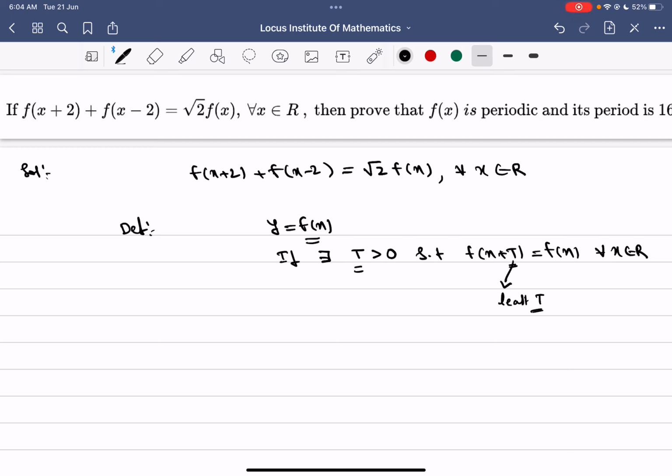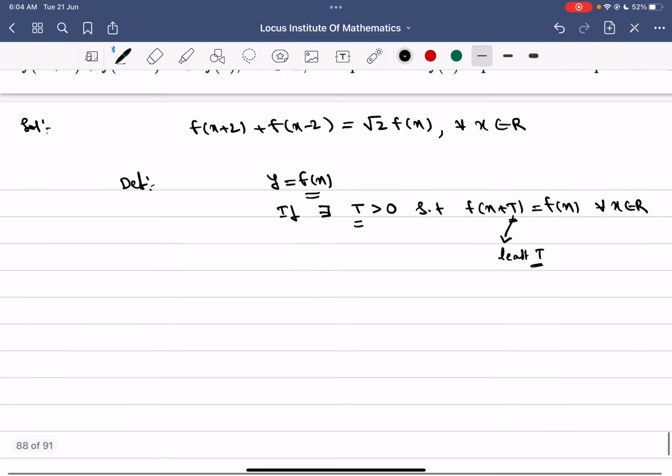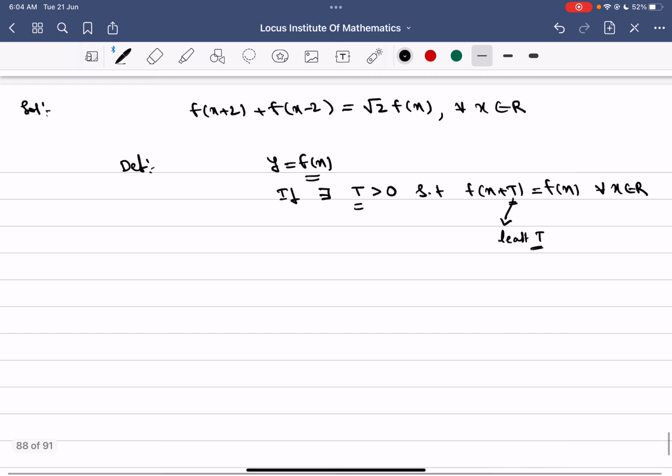Now to find the period of the function f of x, let the given relation be 1. Now what you do is replace x by x plus 4 in the first relation.